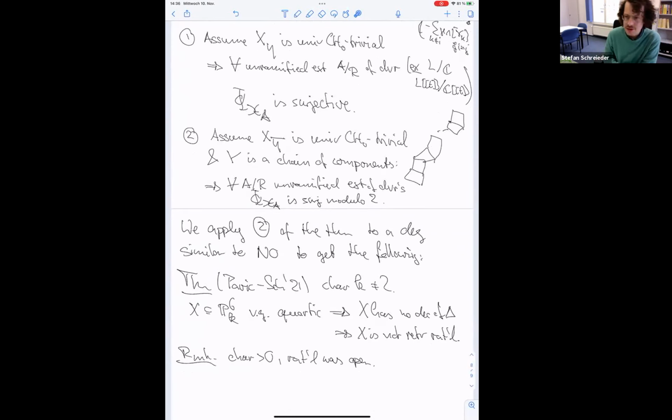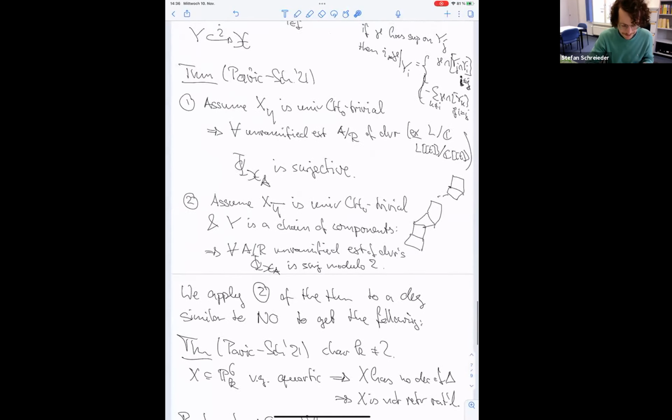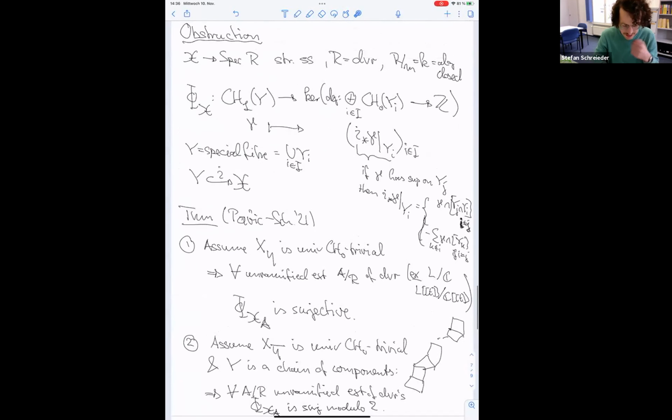But then to apply it, this is really a lot of work, because the Nikkei example on the nose doesn't work. So we need to look at some variant that depends on a lot of parameters, and we need to do a lot of degenerations to control the situation. And the main issue is that if you want to apply such a map, maybe you know something about CH_0 of the components, and you find an interesting zero cycle here. But the problem is that you need to control that it does not come from Chow_1.